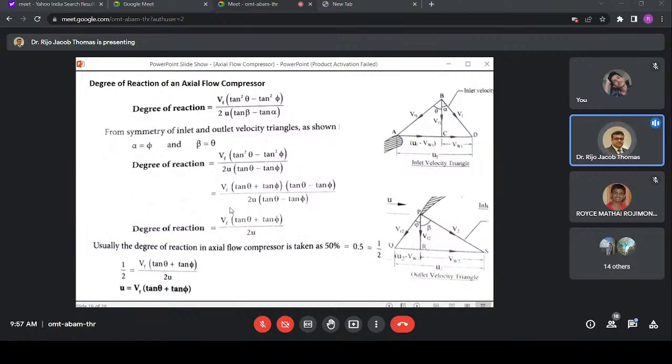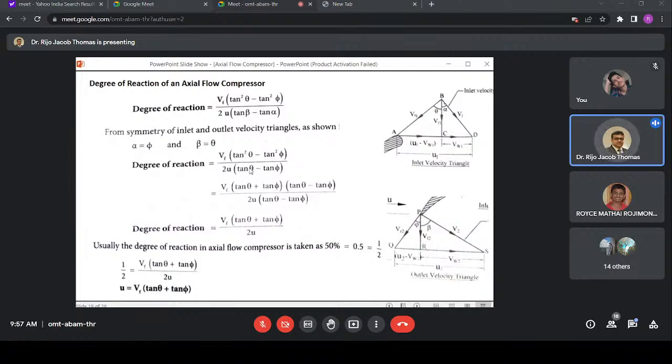Generally for an axial compressor it is 50%, so that means 1 by 2. So this factor is equal to 1 by 2. Then the blade velocity should be Vf into (tan theta plus tan phi). This is a general criterion they follow to find the blade velocity. I will give you this derivation. You just need to memorize the equation.